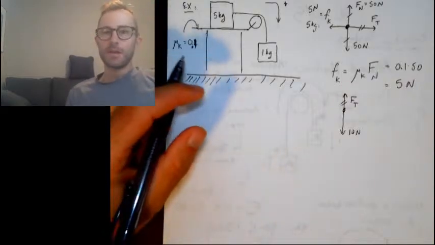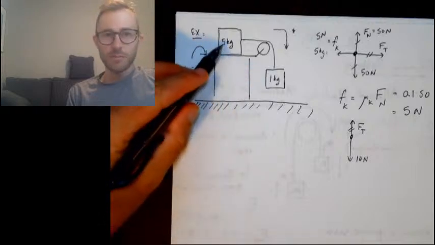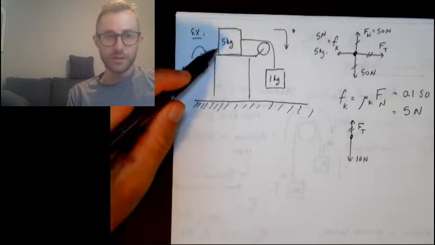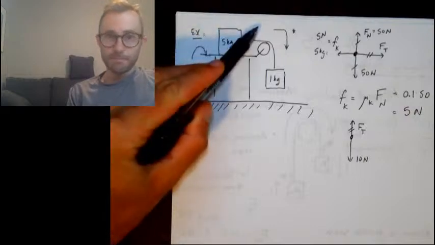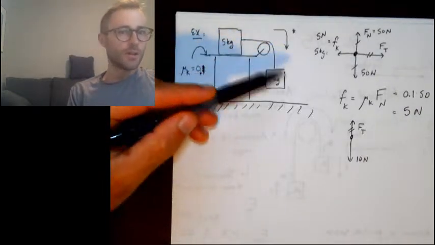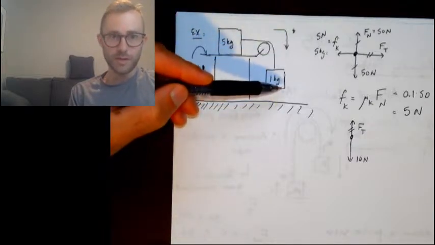All right? So what is the positive direction for the 5 kilogram mass? Well, the positive direction for the 5 kilogram mass is to the right, okay? Because it's moving to the right. The positive direction for the 1 kilogram mass is downward because it's moving downward.